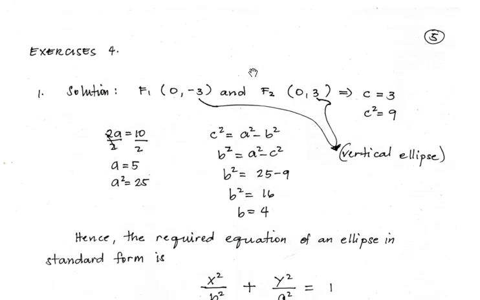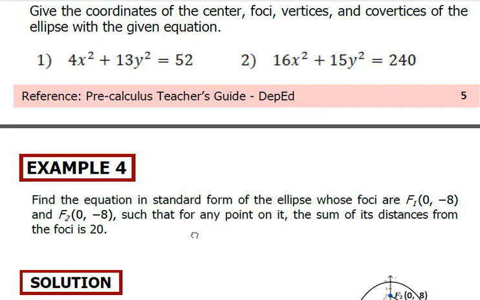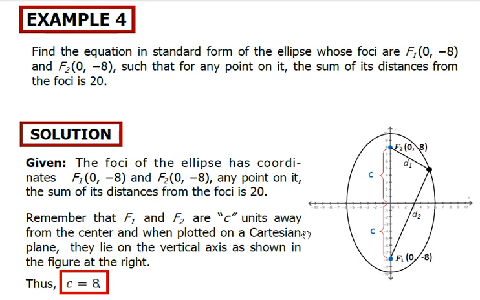Moving on to another example in the module, we have example 4. Find the equation in standard form of the ellipse whose foci are given and the sum of the distances. Those are the givens. We have focus 1 and focus 2, and the sum of the distances of any point on the ellipse to the two foci is given to be 20.